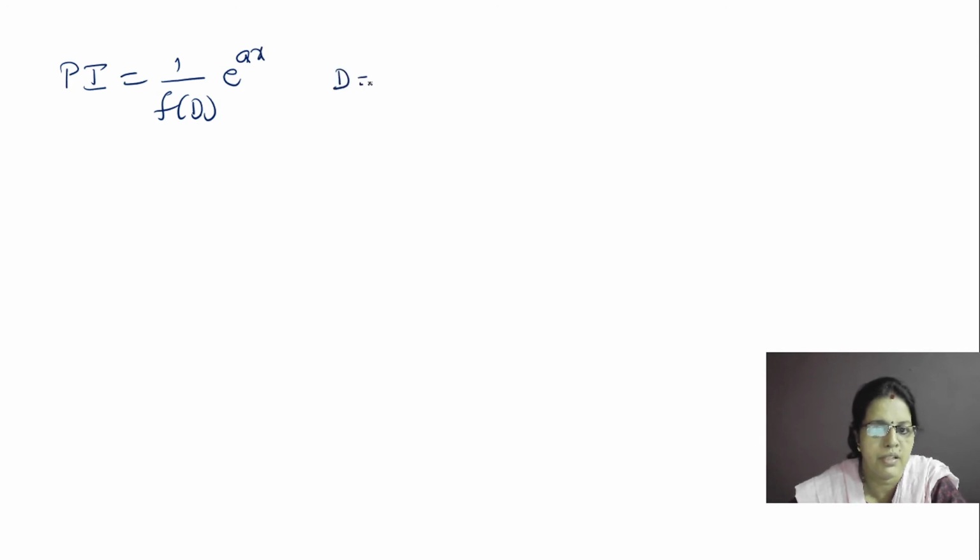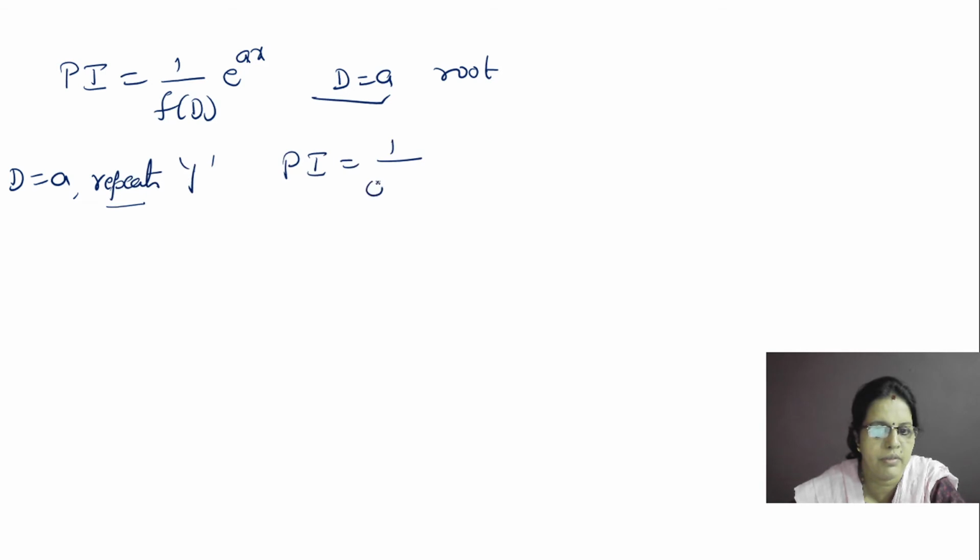But if d equal to a is a root of the equation, and if d equal to a is a single root, then the particular integral is given by 1 by phi of a into e power ax into x power 1 by 1 factorial, that is into x.